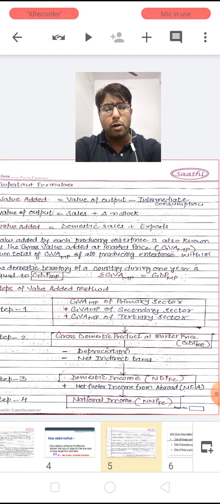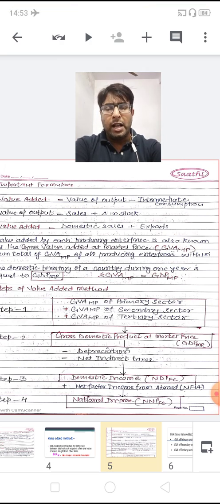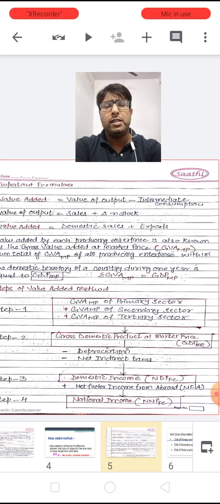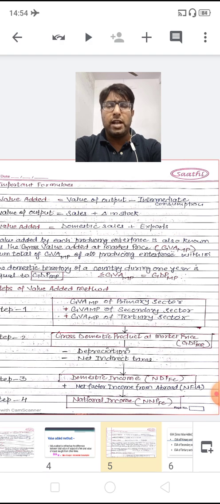When we sum up all the gross value added by each and every sector, we get the value of gross domestic product at market price, which in short we write as GDPMP. And once you get the value of GDPMP, you can easily reach national income.